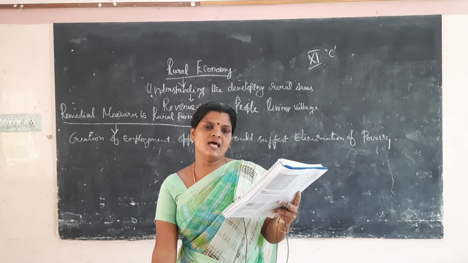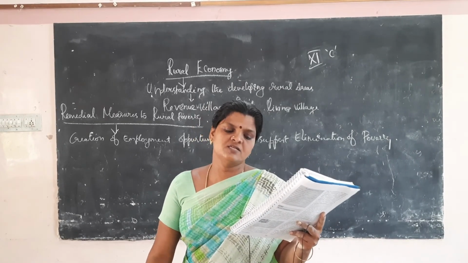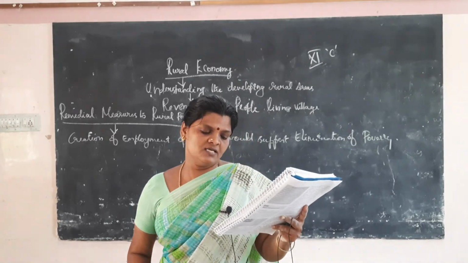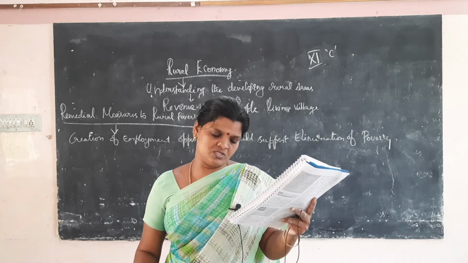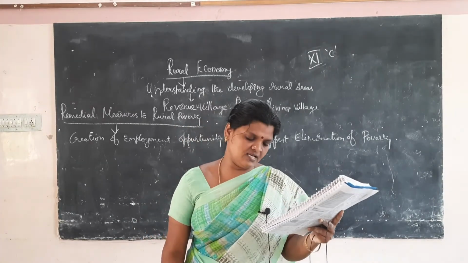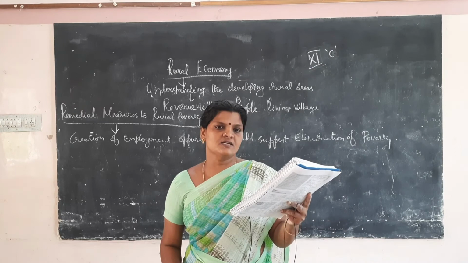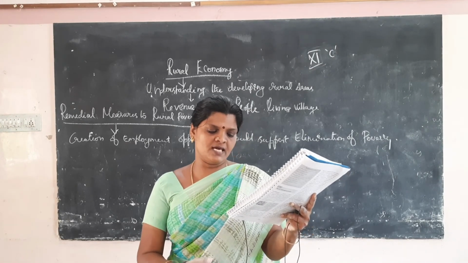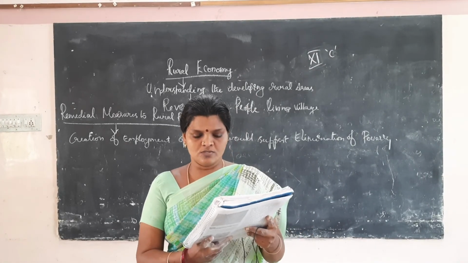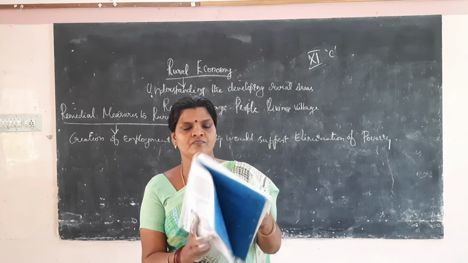Then Rural Landless Employment Guarantee Program in 1983, then Jawahar Rozgar Yojana in 1989, then Mahatma Gandhi National Rural Employment Guarantee Scheme in 2006.